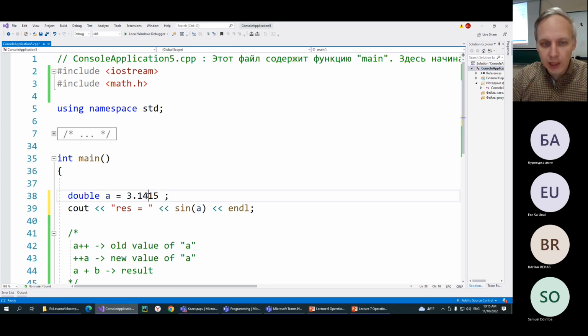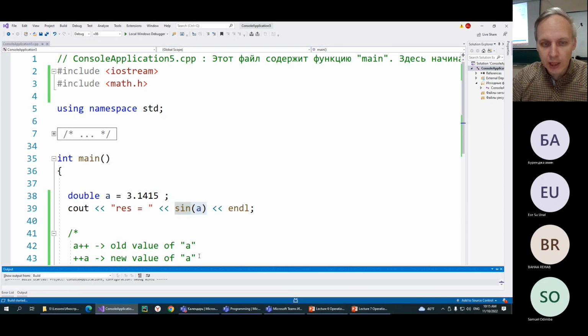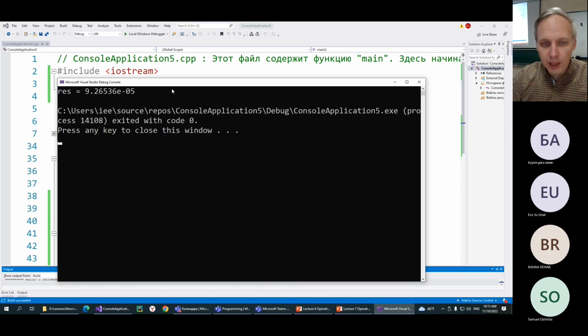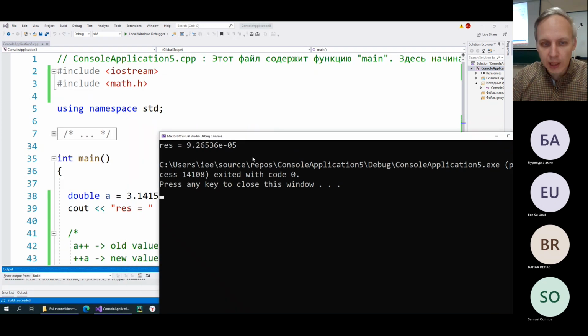This number, of course, is not exactly pi, because pi is a number with an endless fractional part, but it's close to pi. Sine pi is also 0. But we will see a result that is not 0.